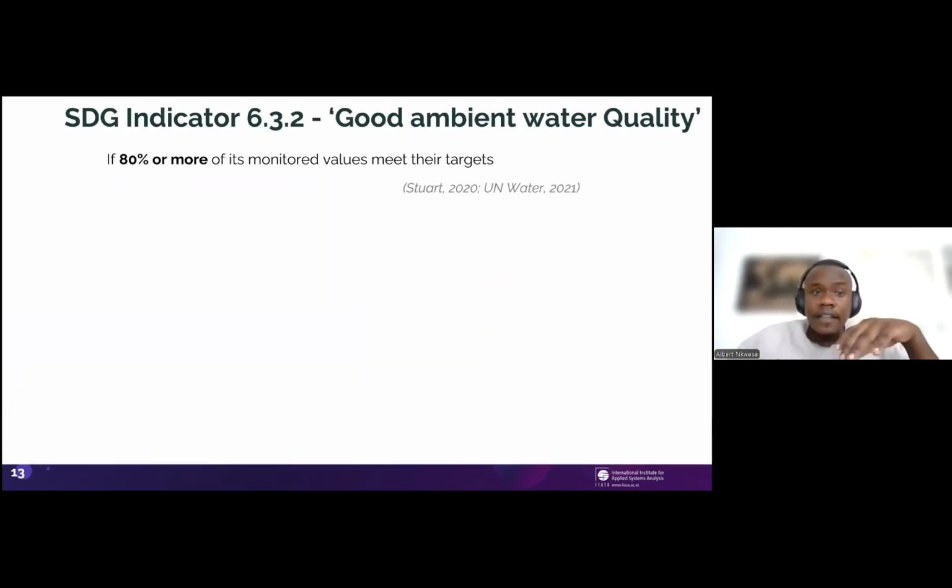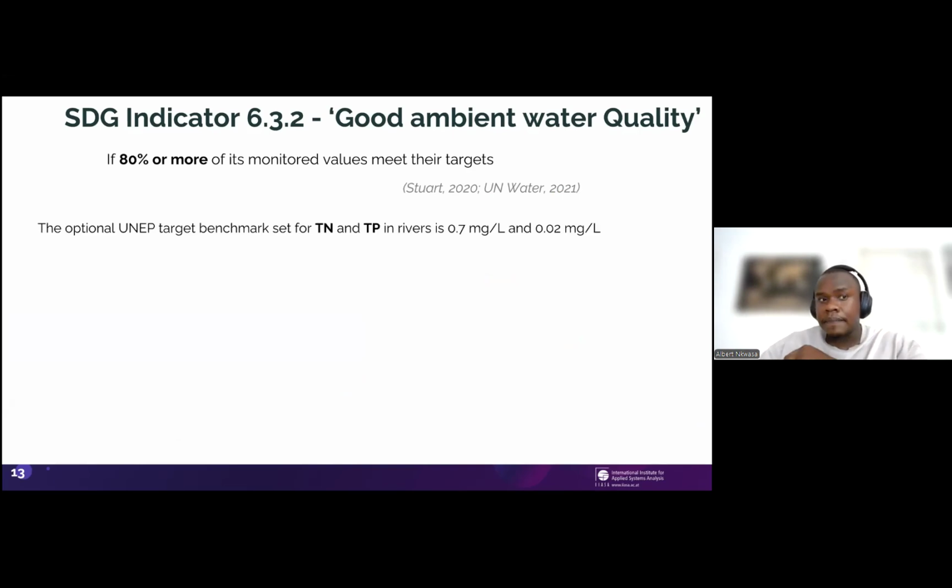So the way the SDG indicator 6.3.2 is calculated according to the United Nations Environment Programme is that if 80% or more of its monitored values, so these are the observation values, meet their targets, then that water body is considered to have good ambient water quality. Now, UNEP allows countries to set their own benchmarks for the different water bodies.